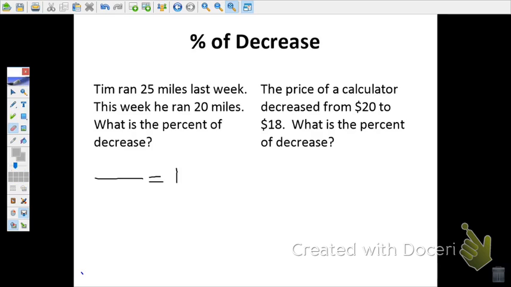So what is the amount of change? Okay. The change is 5. What was the original amount? Ashton? 25.